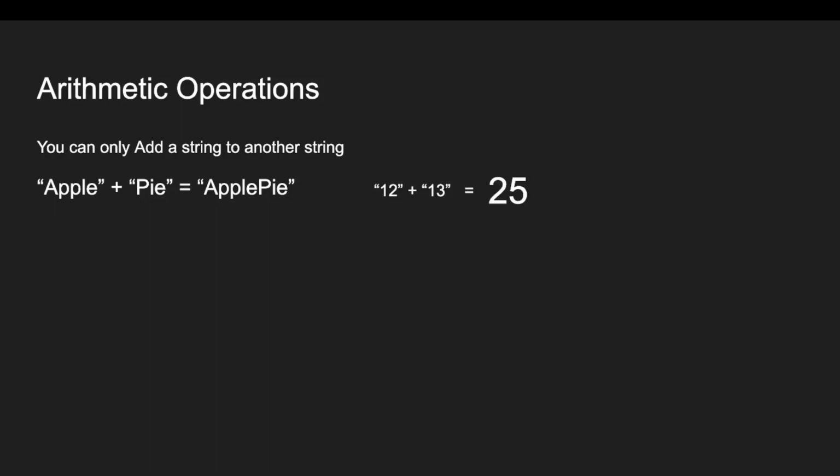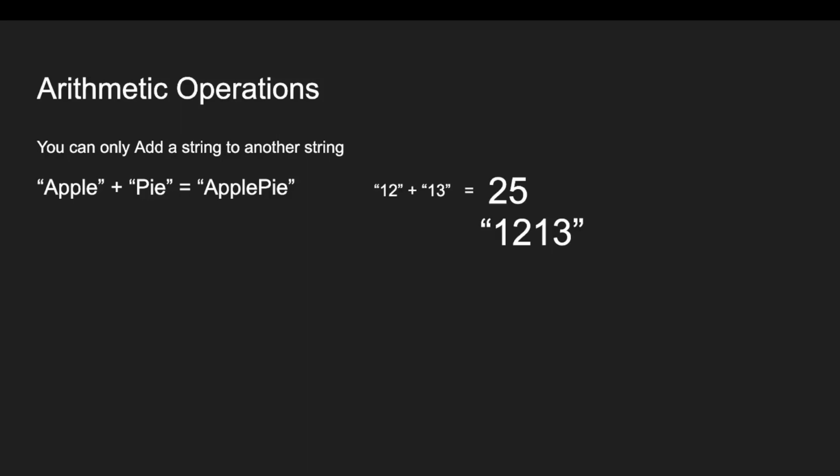You might say 25, but that's wrong. It returns 1213, since 12 inside a string does not have any numeric value, it is a string. So string 12 plus string 13 just get concatenated instead of adding their values.